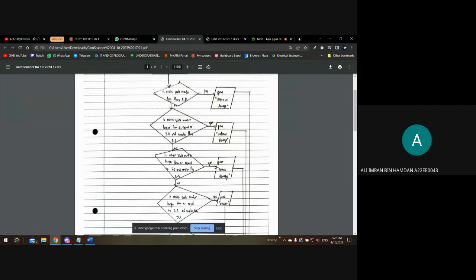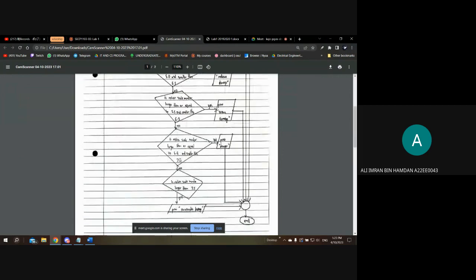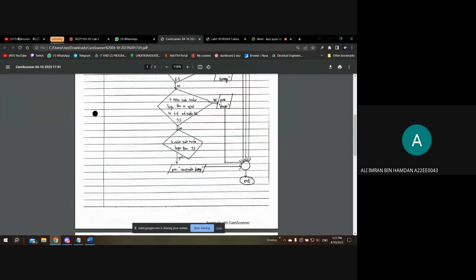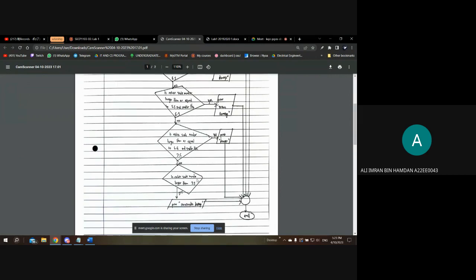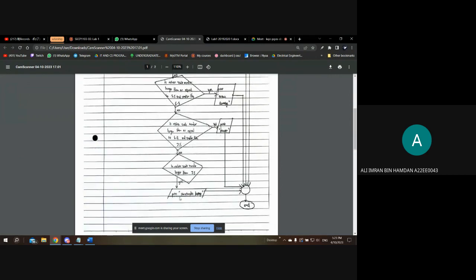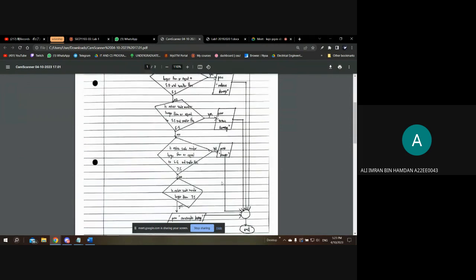If no, then it checks for the next value, and the next, until it goes to 7.5. This is a mistake. You'll notice here there's a yes but no, because if it's more than 7.5. I think it's easy to understand that one.